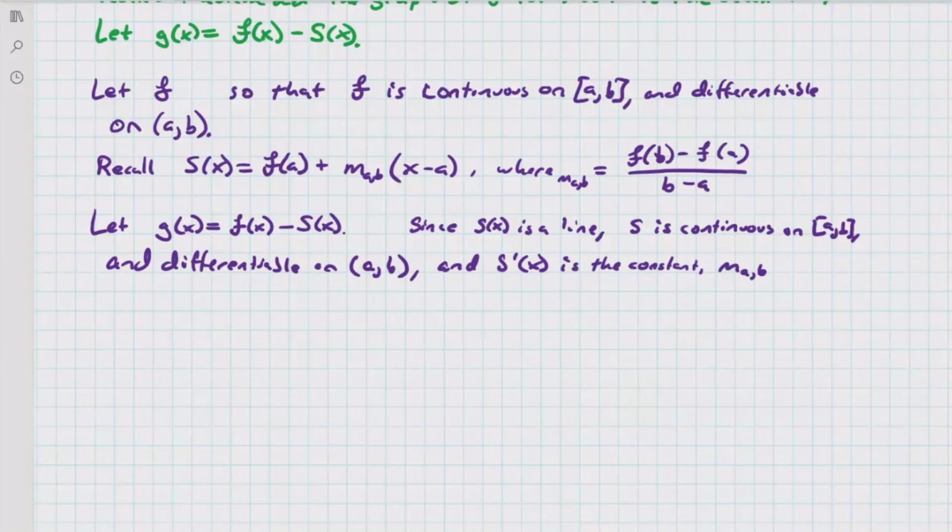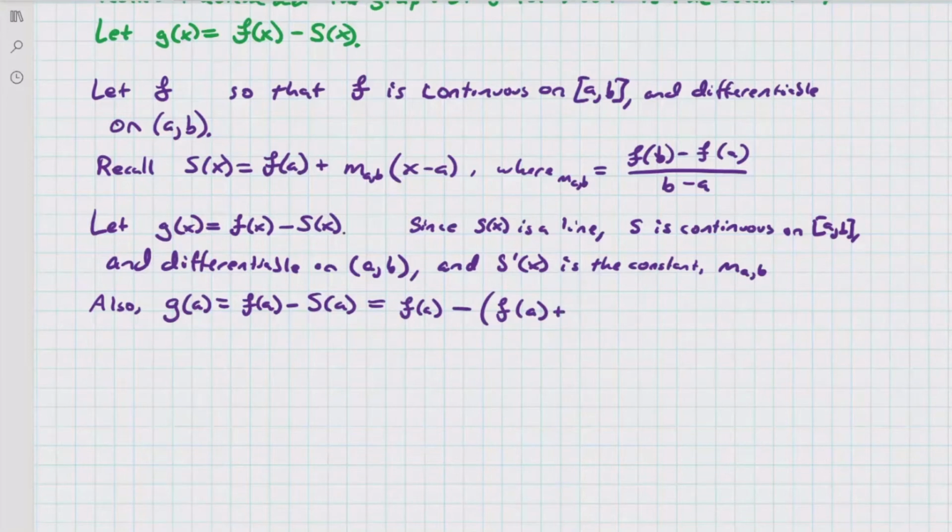So what I'm doing is I'm subtracting out s of x. Well, let's look at what these things are. Let's look at what g of a equals: f of a minus s of a, equals f of a minus the quantity f of a plus MAB times a minus a.